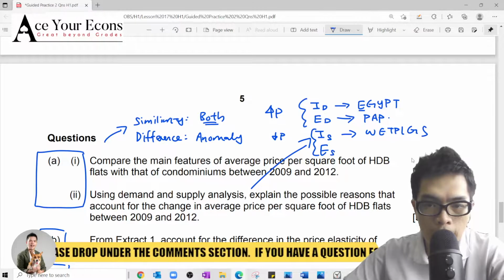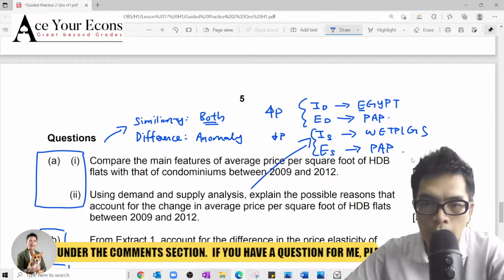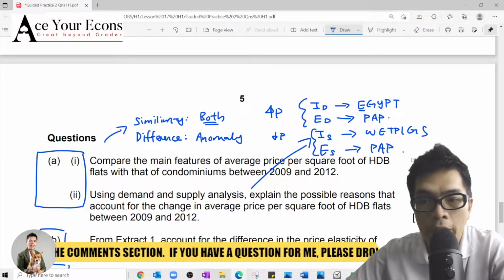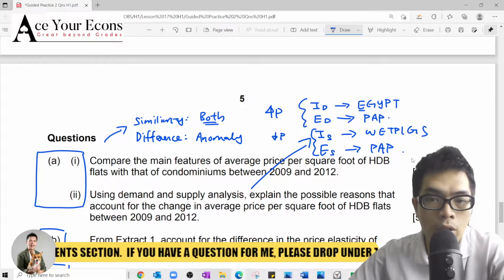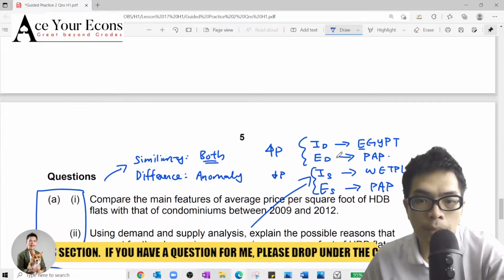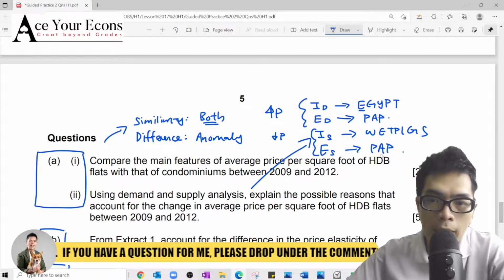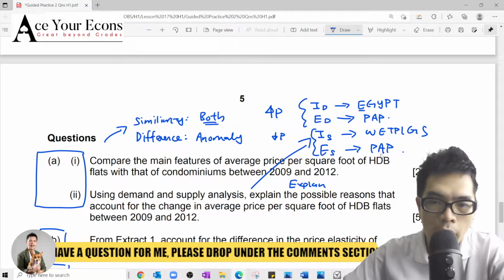So explain your supply factor. You can use the PAP process here. I would like you guys later on to try. What is the supply factor that you have identified that is going to lead to a downward pressure on price? And remember, the last mark goes to explain the opposition.